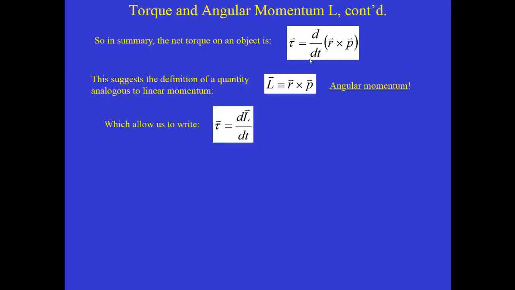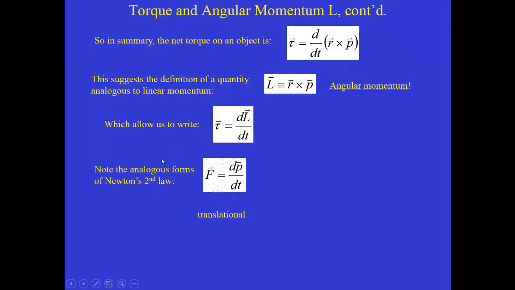Now, once we make that definition, we can rewrite what is essentially Newton's second law for rotational motion as the net torque is equal to the time derivative of this angular momentum vector. And remember that this is very similar to the place that we started on the last slide, which was to say that the net force is equal to the time derivative of linear or translational momentum.